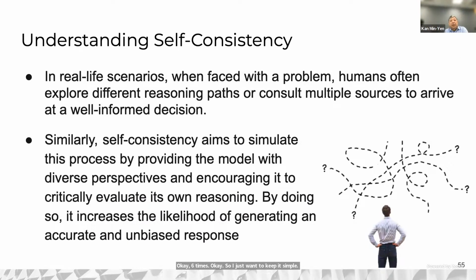In real life, when human beings think about different reasoning, we look at various paths to come to a decision. In self-consistency, we want to simulate this process. We provide a model with a couple of different perspectives and directions, and encourage it to evaluate in a critical manner, to get a better, more accurate and unbiased response.